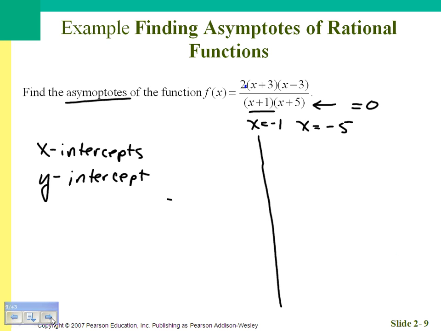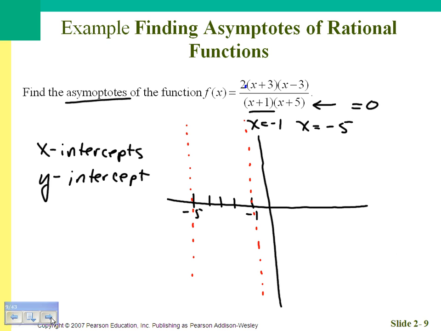So if I put a graph up here, the key points are going to be at -1 and way out there at -5. We're going to have a vertical asymptote. Notice in both cases at -1 and -5, the numerator is not 0, so they are indeed vertical asymptotes.